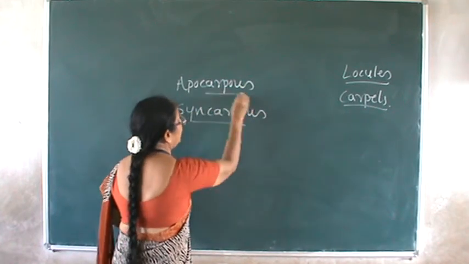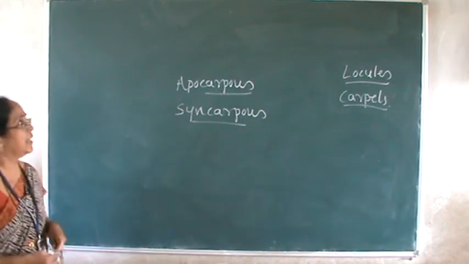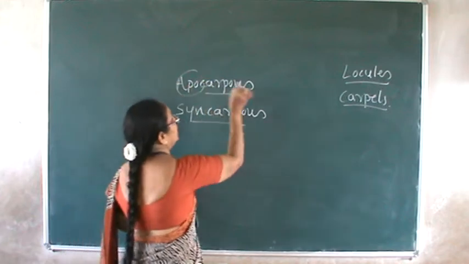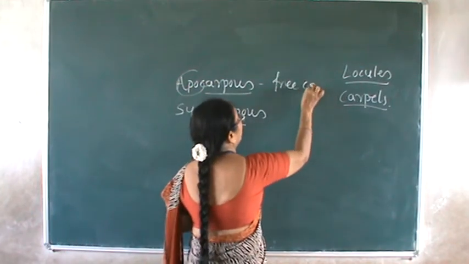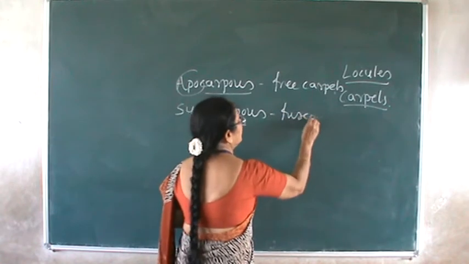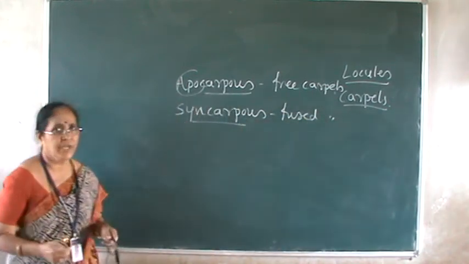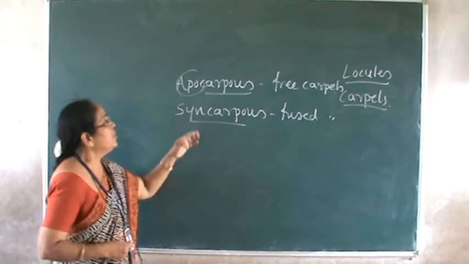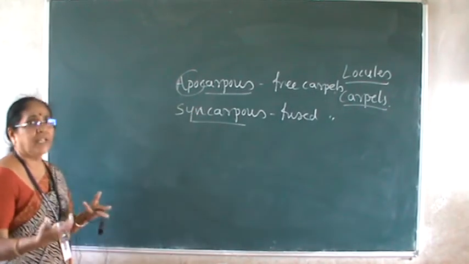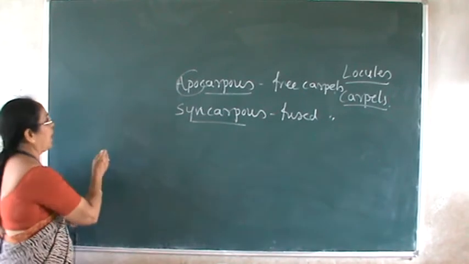You can externally make out which it is. Apo means free: the ovary made up of free carpels is apocarpous, and if the carpels are fused, it is called the syncarpous condition. We can use the proper word to describe the ovary, and externally only we can make out whether the ovary is syncarpous or apocarpous.